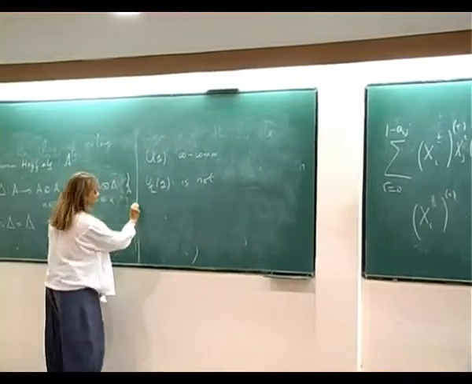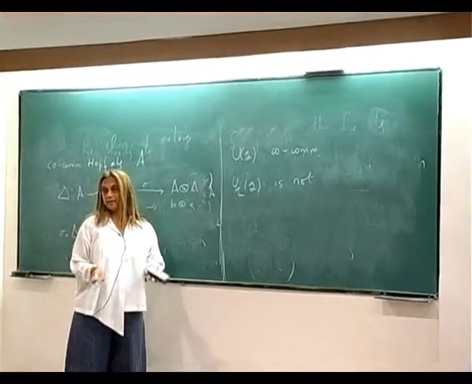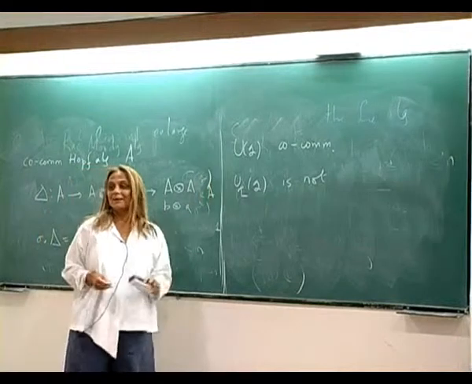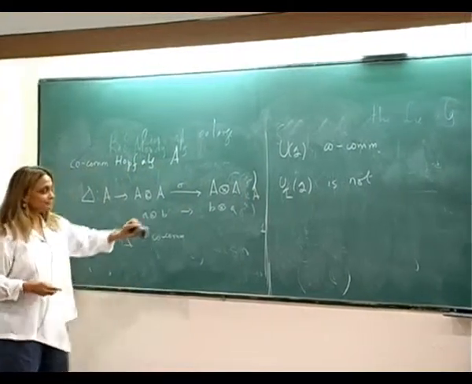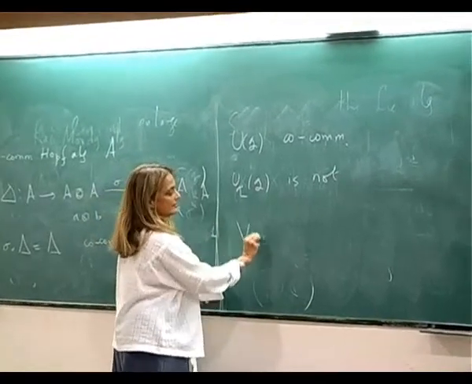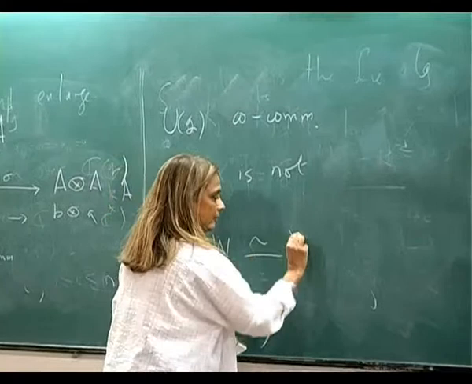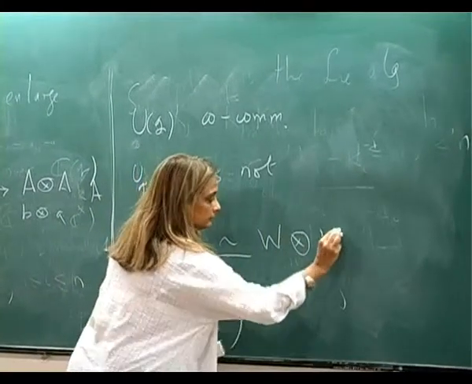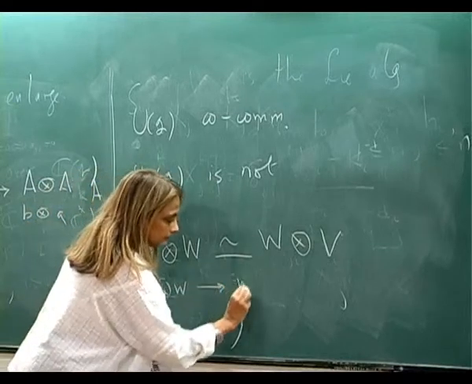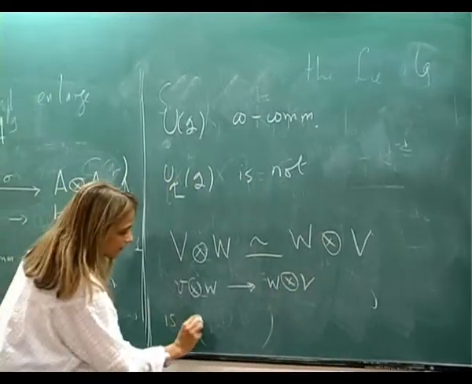One consequence: what were Hopf algebras good for? They're good for defining tensor products, as far as I'm concerned. If you had a co-commutative Hopf algebra, then you have a canonical isomorphism from V tensor W to W tensor V, and this map would just be the flip. It is an isomorphism of modules.